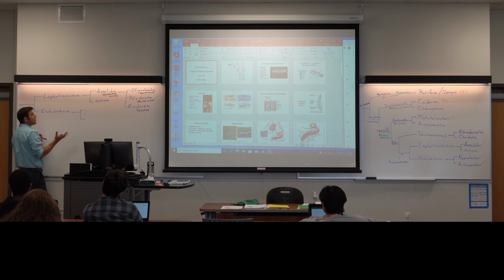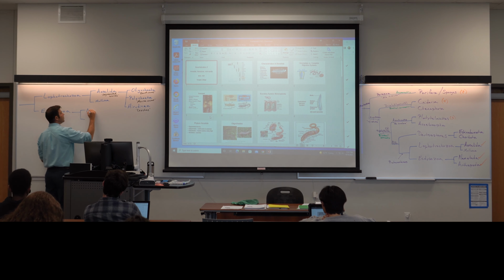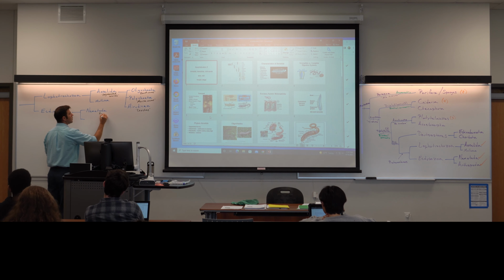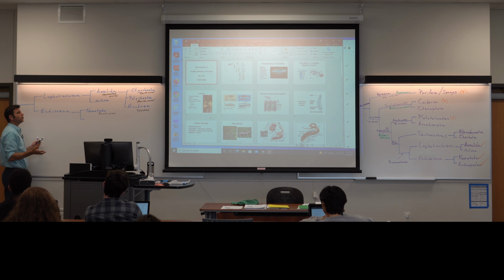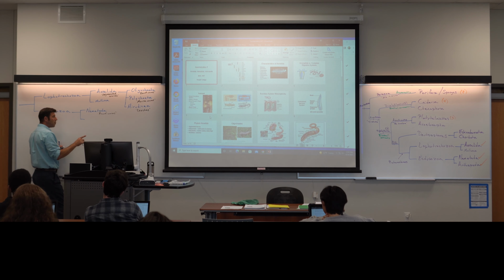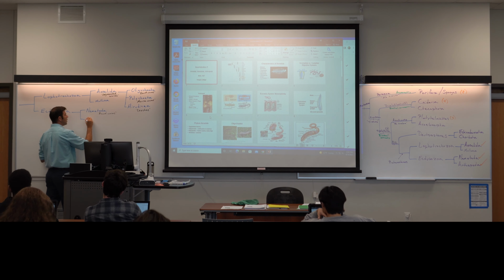The first one is those roundworms, the nematodes. So Nematoda, let's just call these things the roundworms. Most of them are parasitic. There are a few free-living examples. But most of today's PowerPoint is going to be spent talking about the final phylum here, the arthropods.